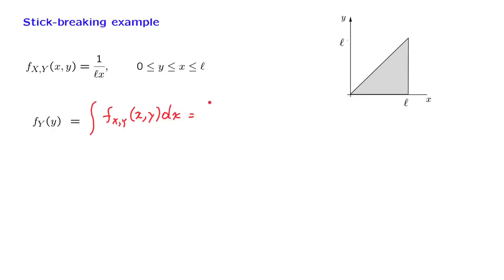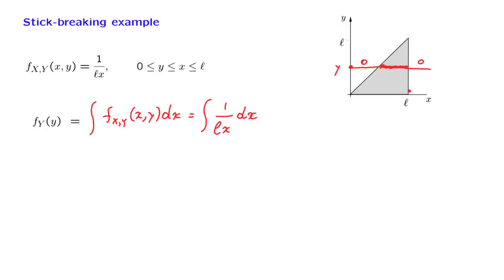And in our case, the joint is equal to 1 over Lx, and we integrate over all x's. Now, what is the range of the integration? If we fix a certain value of y, the joint PDF is actually 0 in this region and in that region, so we should only integrate over x's that correspond to this interval.